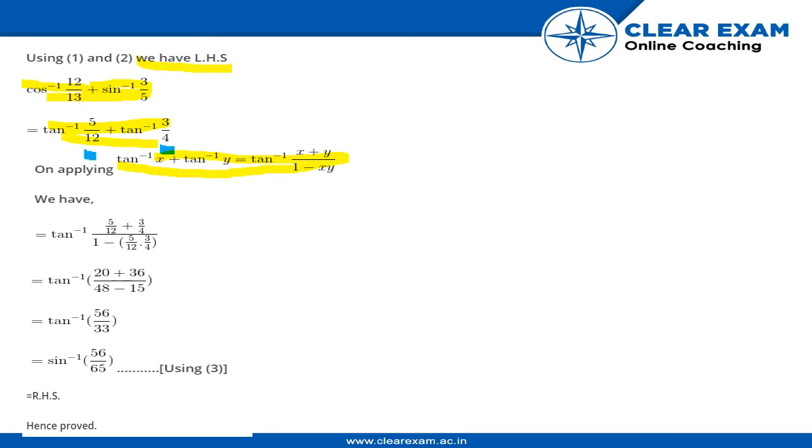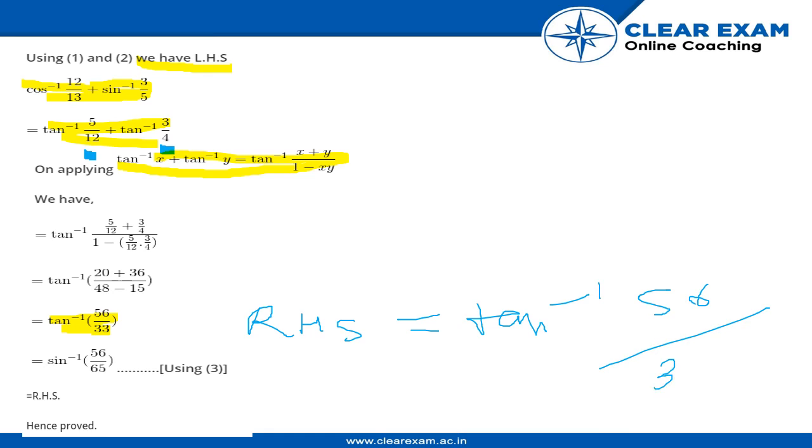Solving further and simplifying the terms, we get our final answer on the left hand side as tan inverse of 56 by 33. And in the previous slide we proved that the RHS is also equal to tan inverse of 56 by 33. So we just proved that LHS is equal to RHS, and hence our problem is solved. I hope you all got it. Thank you.